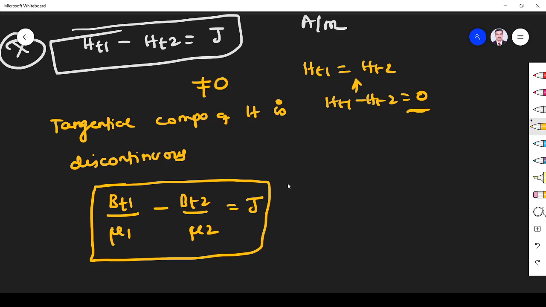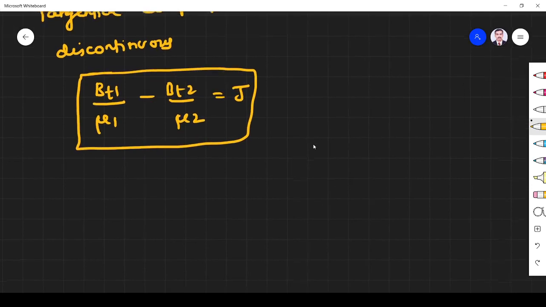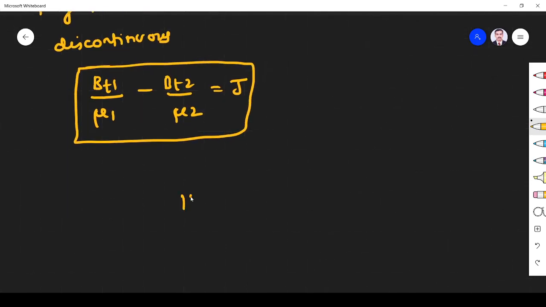If the medium at the boundary is non-conducting, what happens? Non-conducting means the current will be 0. So Ht1 will be equal to Ht2. At that time, the tangential component will be continuous. Ht1 minus Ht2 is equal to 0, provided the media is non-conducting.